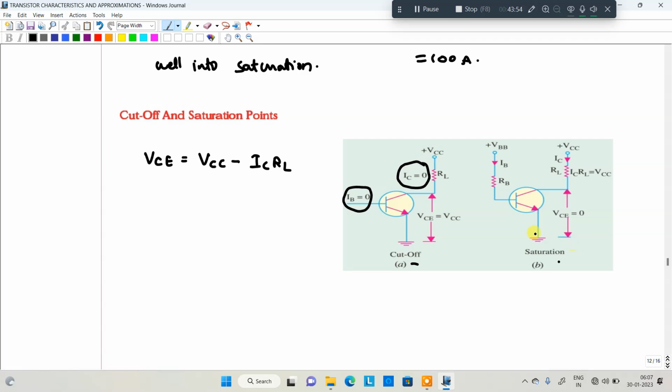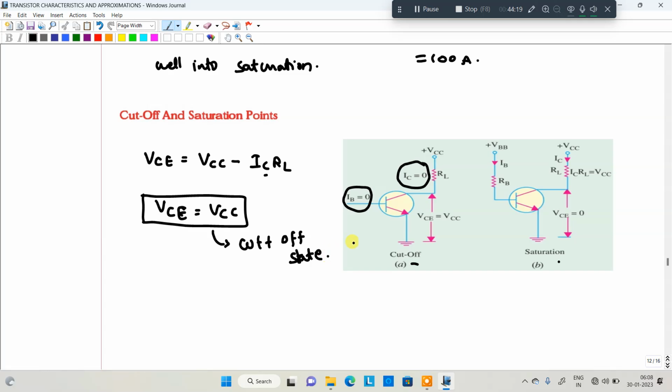Whenever collector current is equal to 0, VCE is equal to VCC. This condition, whenever both are equal and IC is equal to 0, is called the cutoff state. So in this case, you call it VCE cutoff.